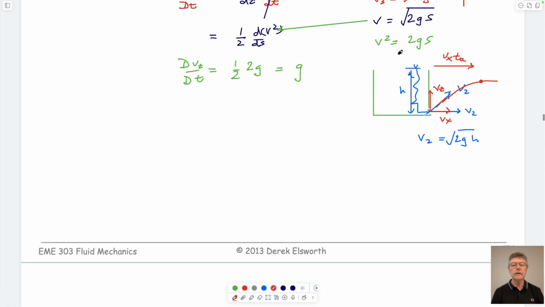So the reason, if we're dealing with Newton's law, we have this expression in each direction, right?